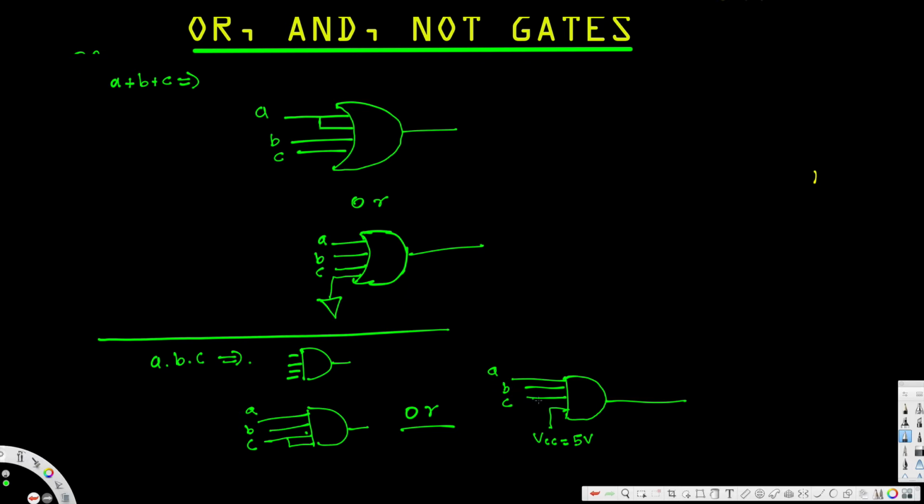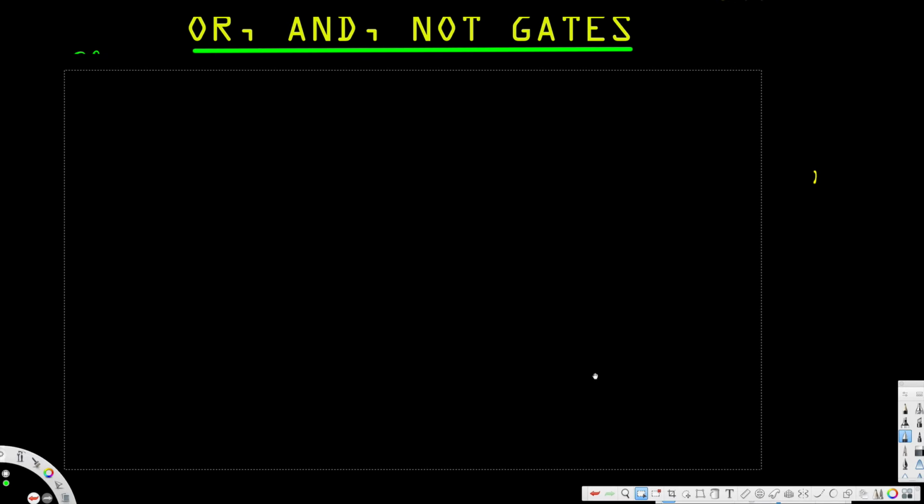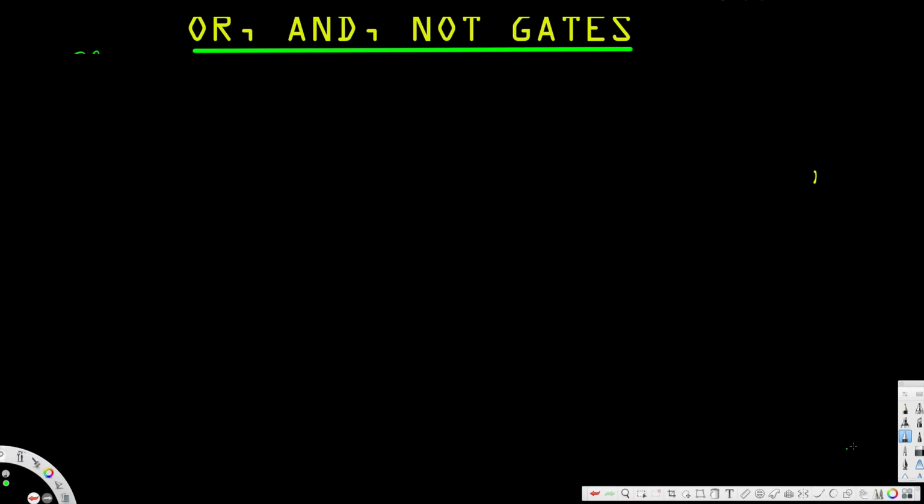Now let's look at a big expression. Let's get rid of all of this. So let's say you want to build an expression in the lab. How can you build it? This is our expression, W bar.